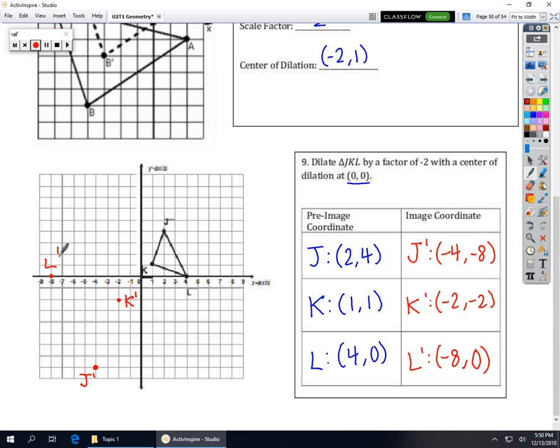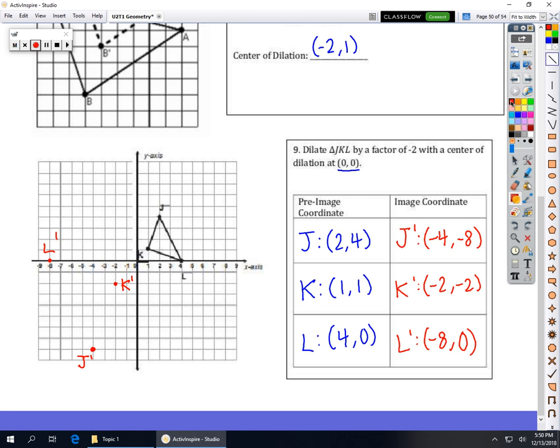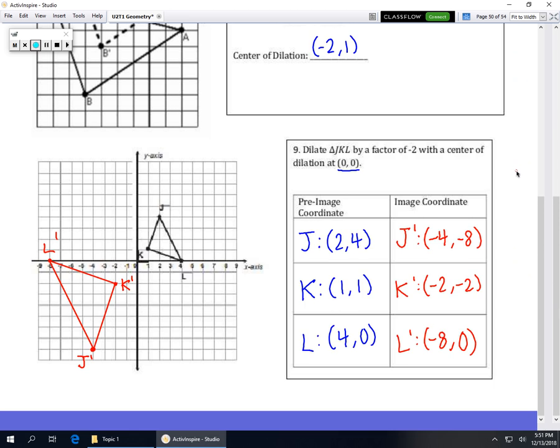That is your L prime. So, great. Now we can connect all these. I don't trust myself being able to go that far, so I'm actually going to use the line tool. There. So, great. The image is twice as big, and it's actually now facing in the other direction.